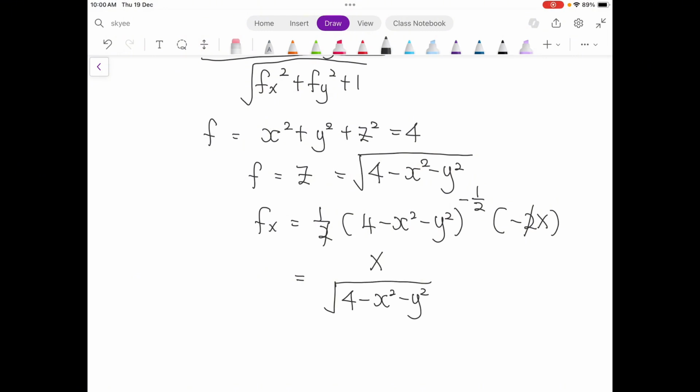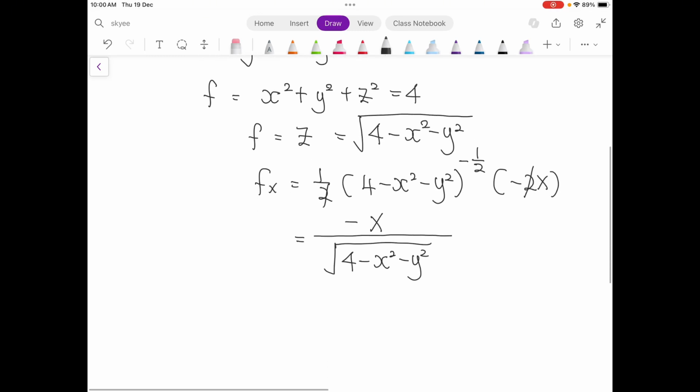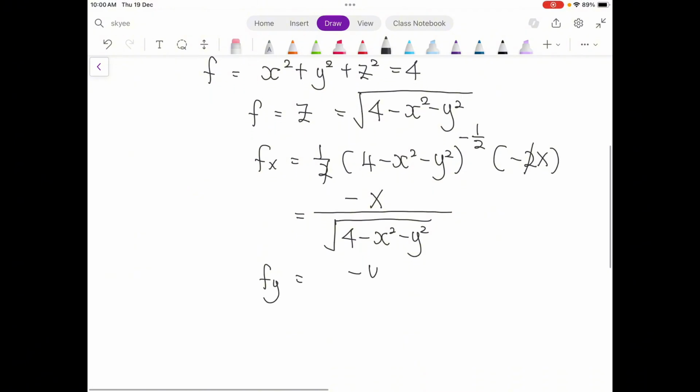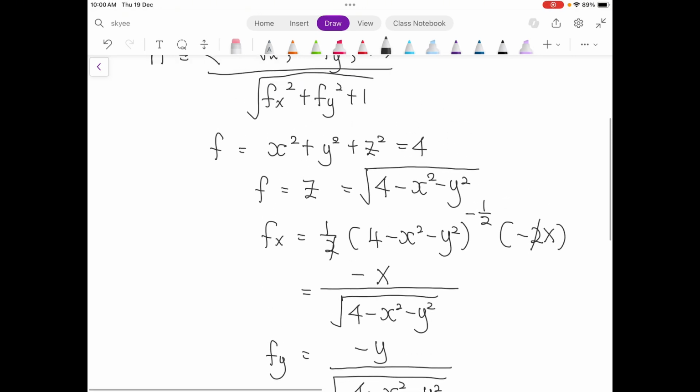So this is fx. For fy, it will be quite similar to fx, so we are just replacing it directly. So this is your fy.